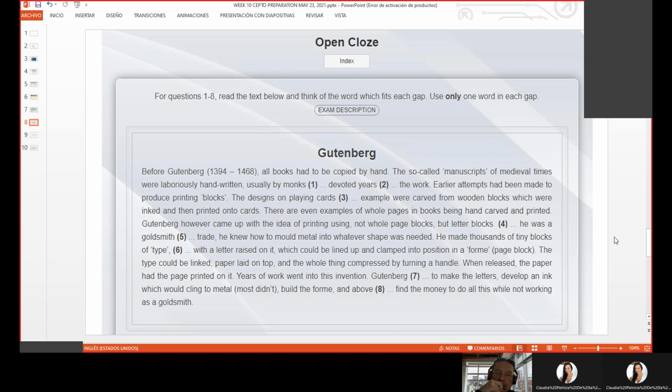They're talking about letters, about the tiny blocks. Is it that? No, it's not that either. It's not a relative pronoun.